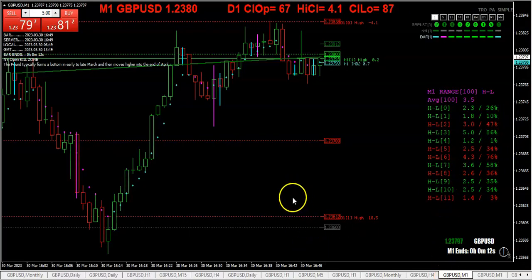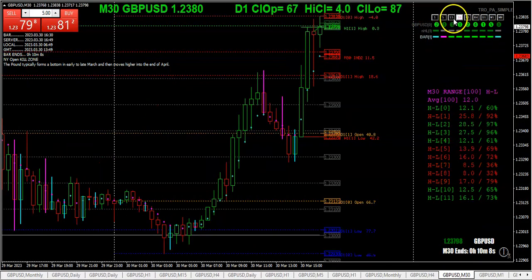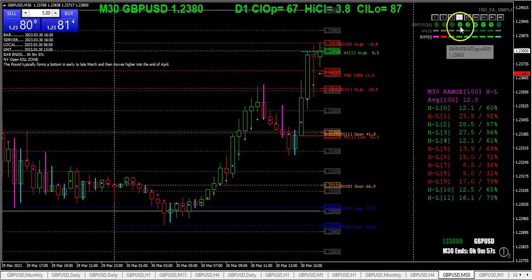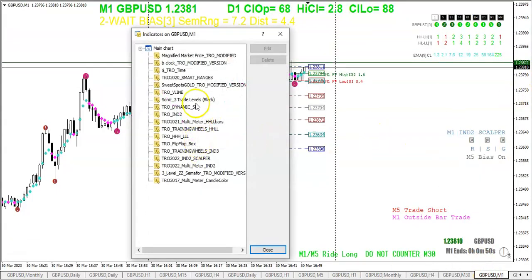And then we've got the sweet spots indicator here, looking at M30. And that 80 is the previous H1 high right there. Now, I've got to change the color because that's really hard to see.